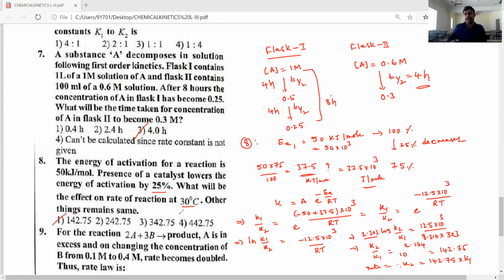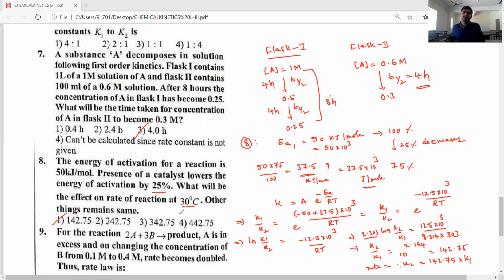See, it's very simple. Initially the activation energy is 50 into 10 to the power of 3 joule per mole. Then the activation energy is decreased by 25%, so at 75% the activation energy is 37.5 into 10 to the power of 3 joule per mole. Now at that activation energy, what is the rate? The rate is directly proportional to the rate constant.